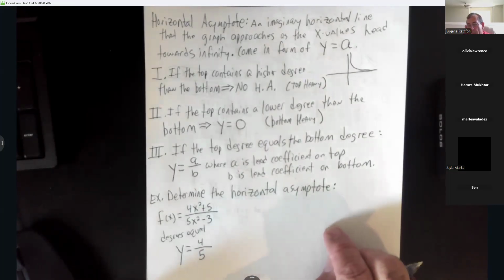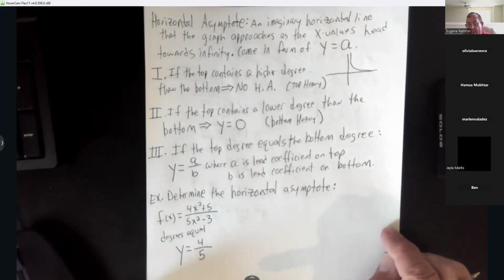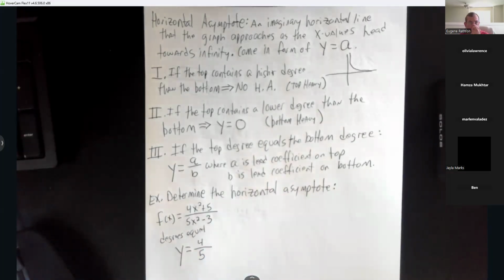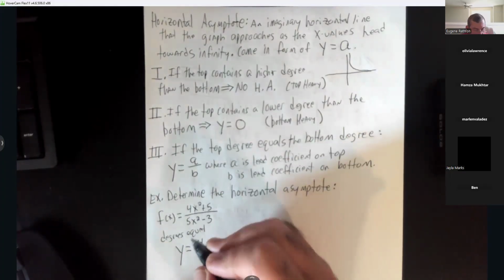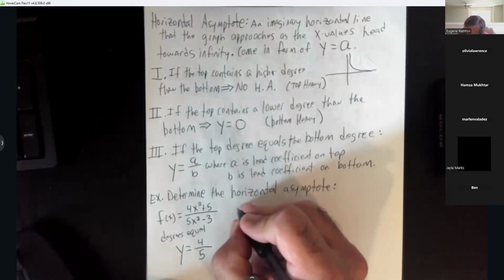Close to 1, but not quite there, okay? And that's what it's going to do as it heads towards infinity. So 2 and 2 are equal. So let's try this one.